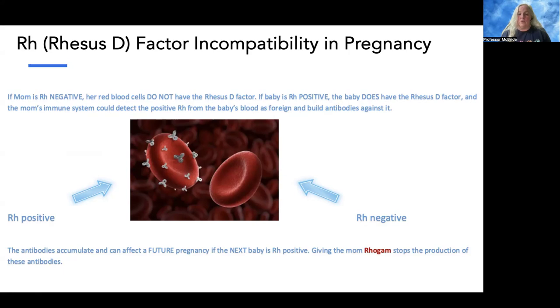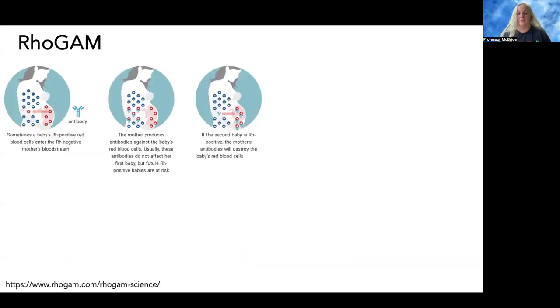So what we will do for these moms is we will give them RhoGAM. RhoGAM will stop the production of the antibodies. So here is a picture from the RhoGAM.com website where we can see mom is negative, baby's positive.